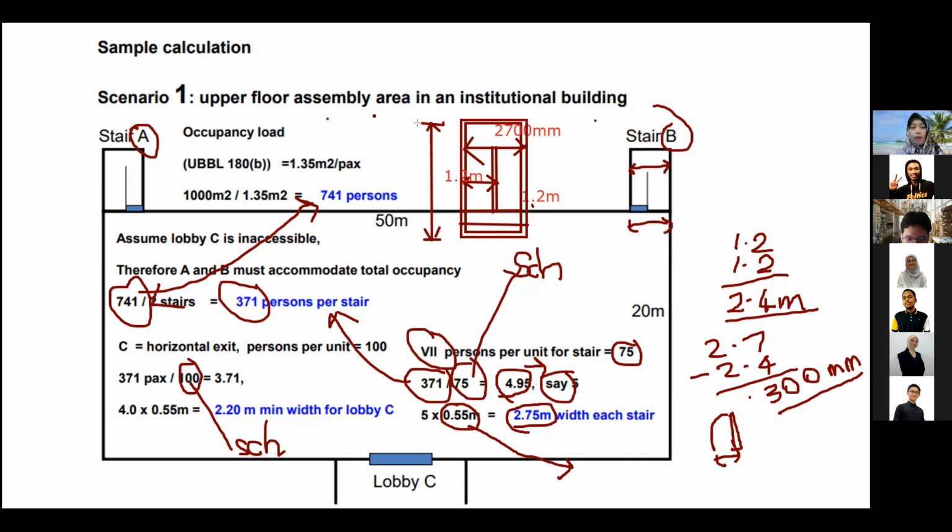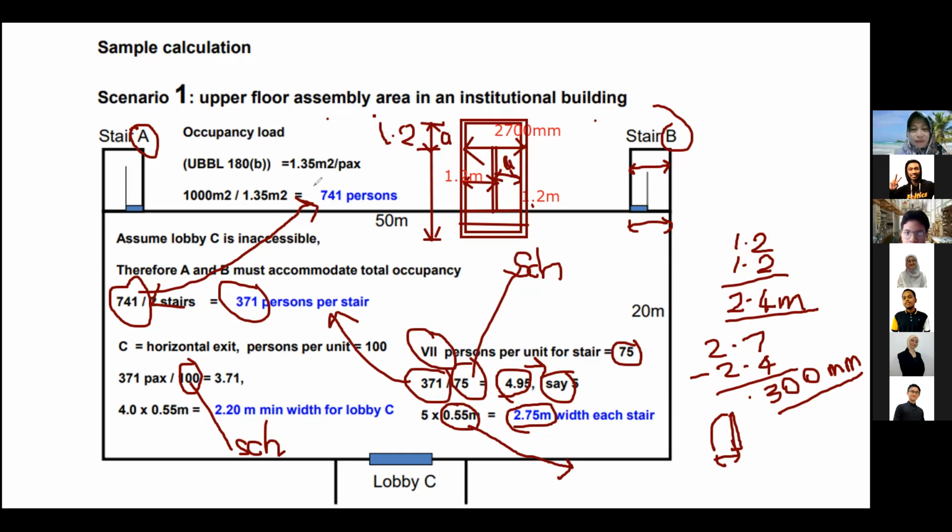If it is 1.2 here, meaning that the dimension here is also 1.2. The landing. Remember, I told you, the landing is the same as the width of your staircase. If it is A here, the width is also A. Remember, we talked about the staircase.